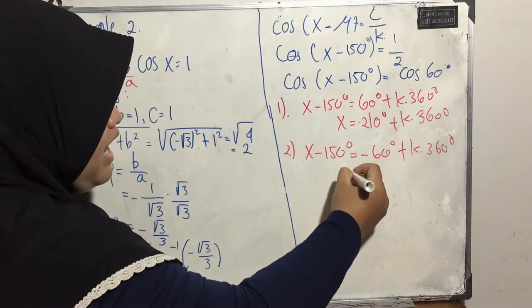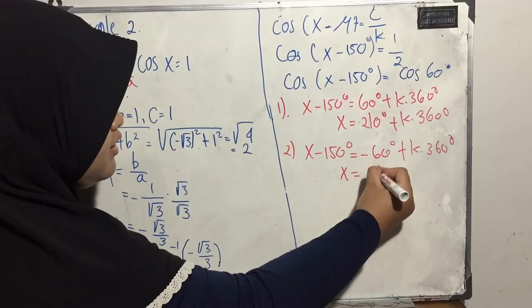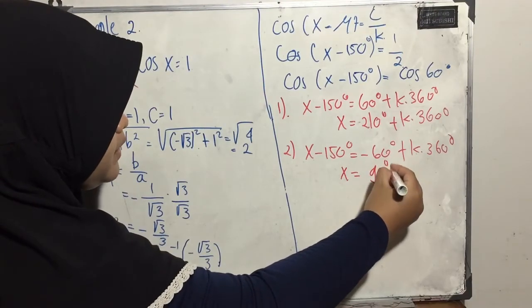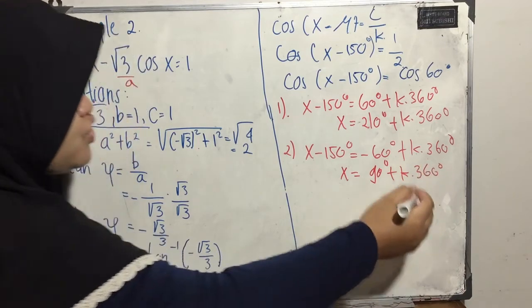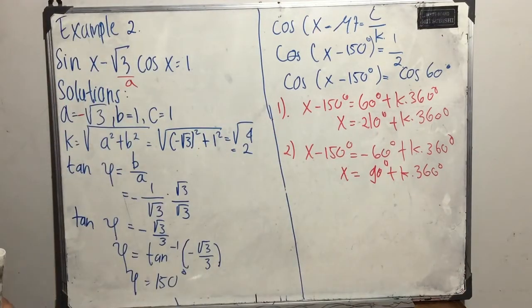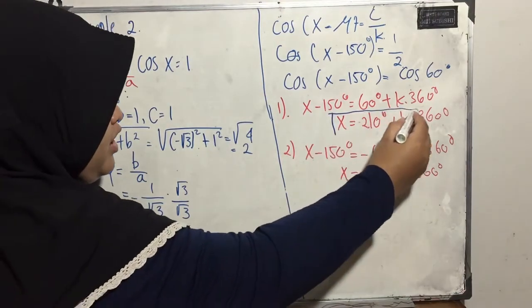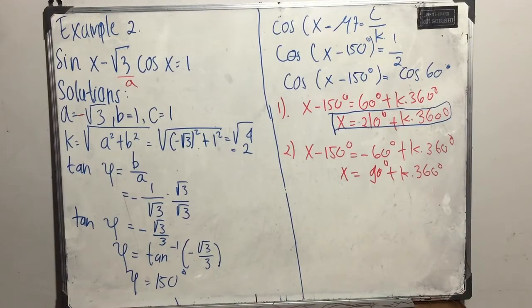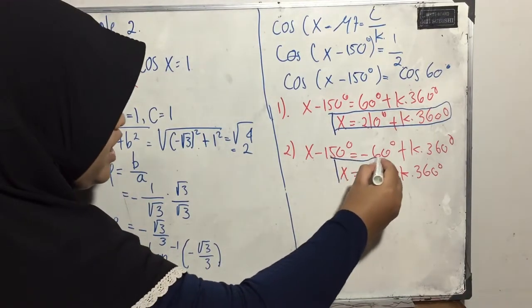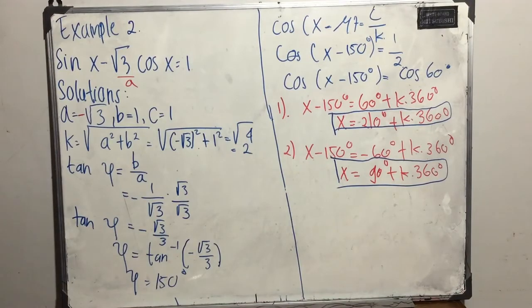So we get x equal 90 degree plus k times 360 degree. So we get the formula for this one. It's x equal 210 degree plus k 360 degree, and x equal 90 degree plus k 360 degree, everyone.